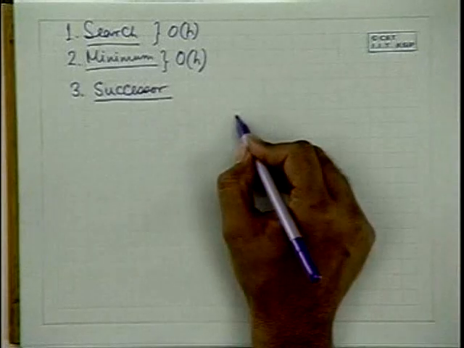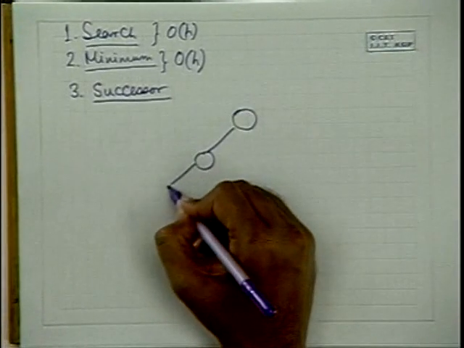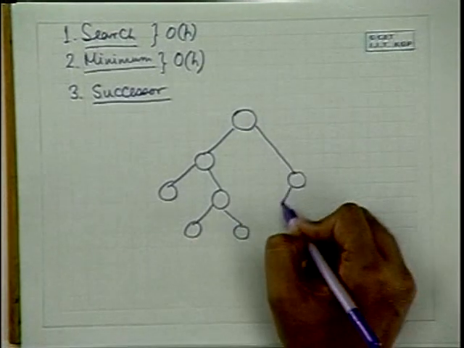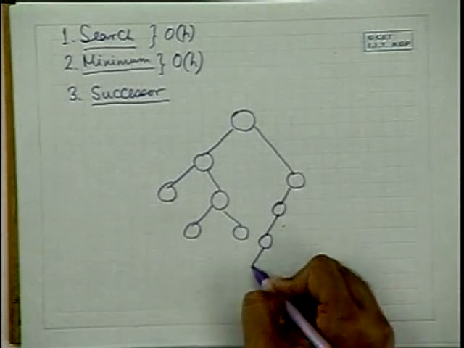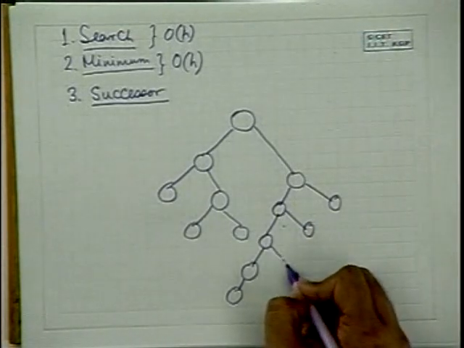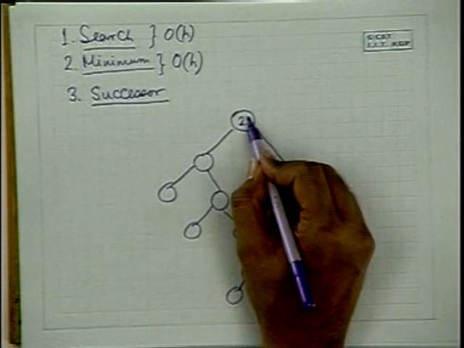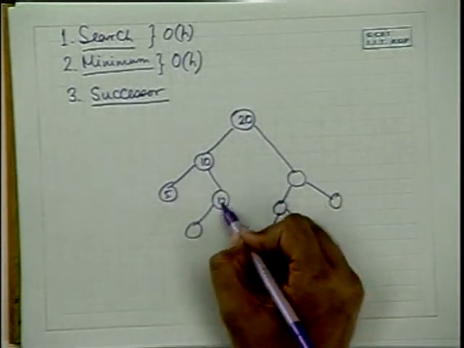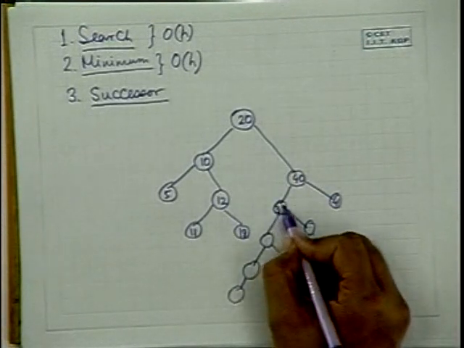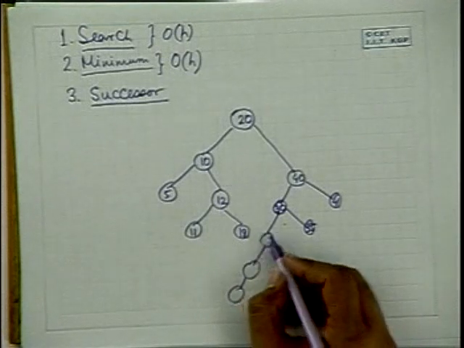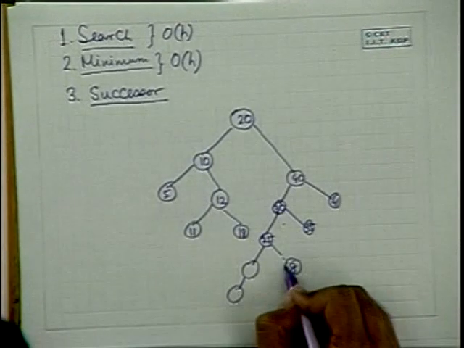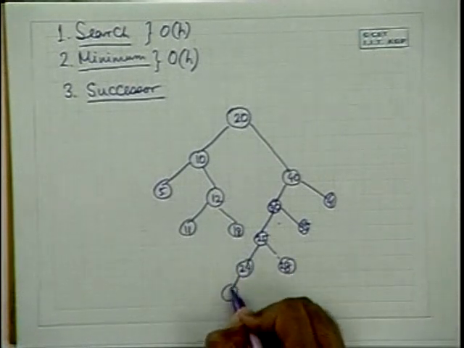So let me take an example. Let me put some numbers: 20, 10, 5, 12, 11, 18, 40, 41, 30, 35, say this one is 25, say 8, or I cannot say 28, say 24, say 23.